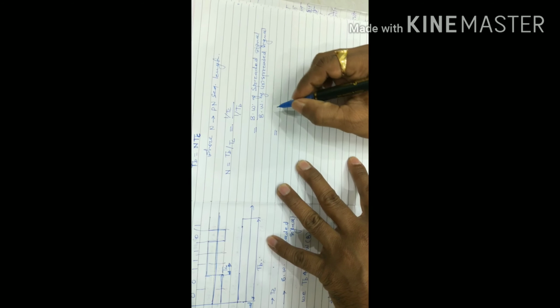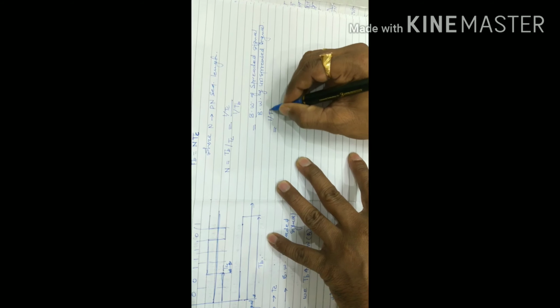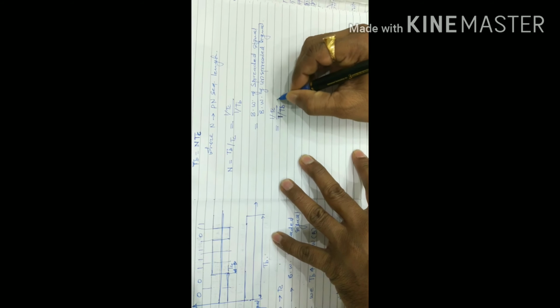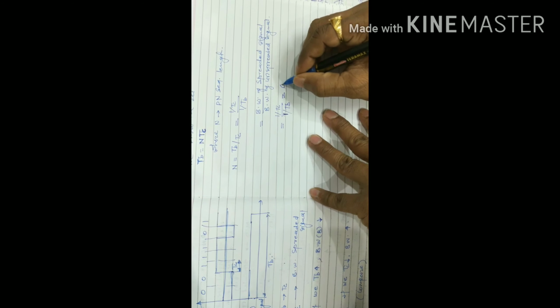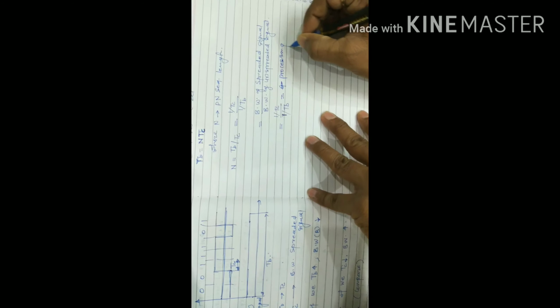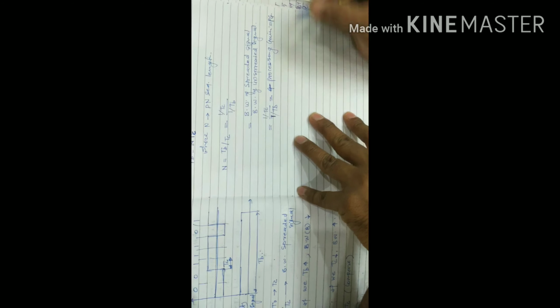This ratio of 1 by TC upon 1 by TB is also called the processing gain, referred to as PG.